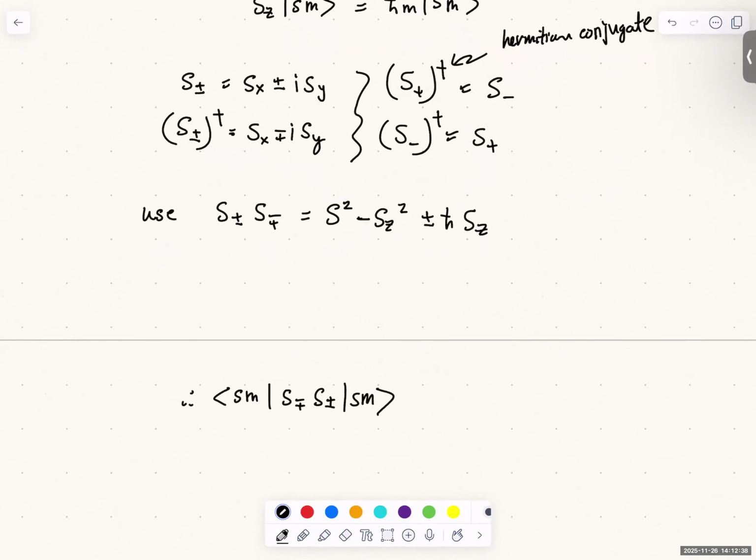In order to do this, we'll take this expression and sub it into here, and then that'll be relatively easy to work out because we've already written down what the eigenvalues for the Sz and S squared operators are. So what do we get? We're going to put in S squared minus Sz squared minus plus h bar Sz, and then we have to act on the state s m. All we're doing is subbing this into here.